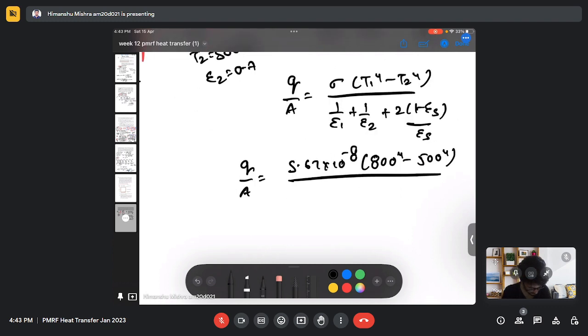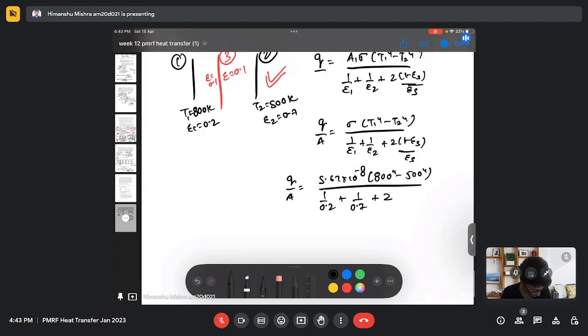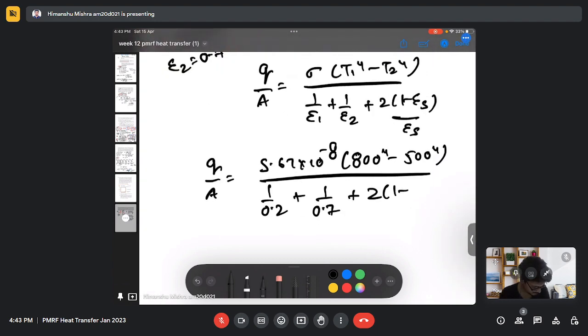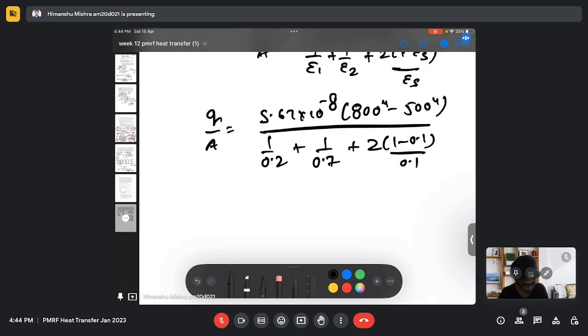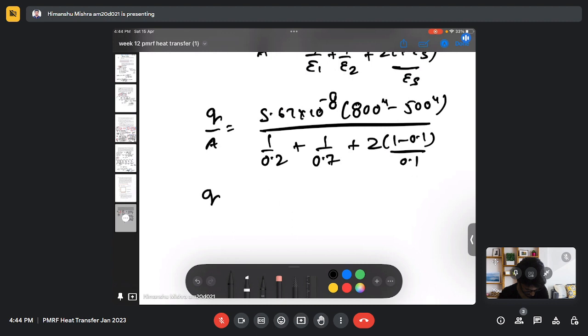Emissivity is 0.2, the second plate is 0.7, and the radiation shield is 0.1 on both sides. Just calculating this, we get the flux as 806 watt per meter square.